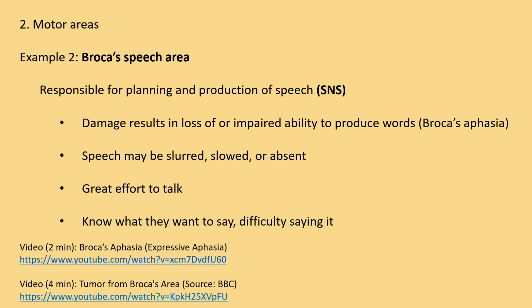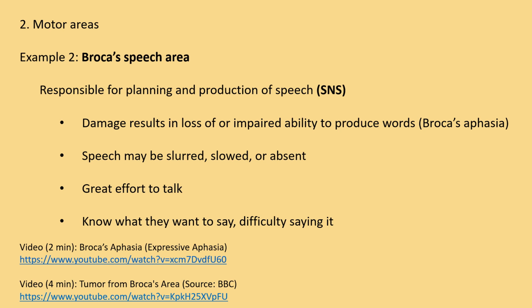Their ability to talk is slowed down. Their language could be slurred. They might have difficulty forming the words clearly, or they may lose their ability to speak entirely. If they can speak, it takes great effort to produce speech.